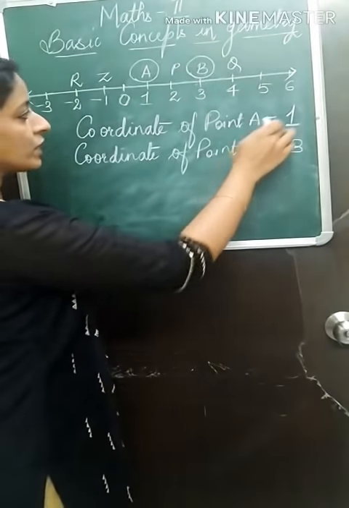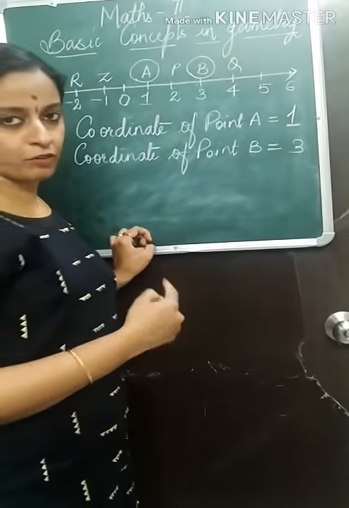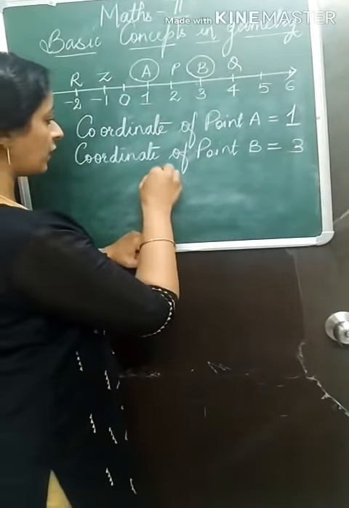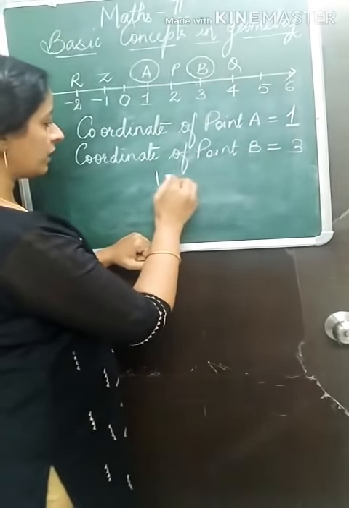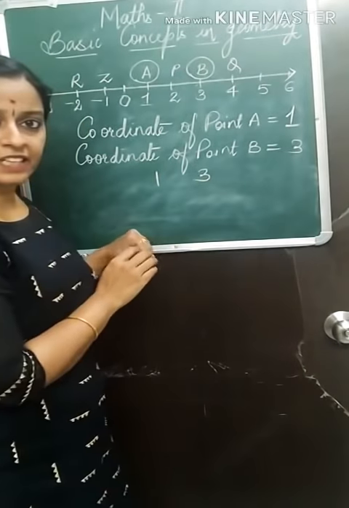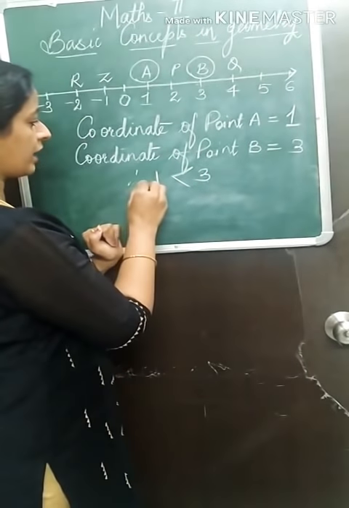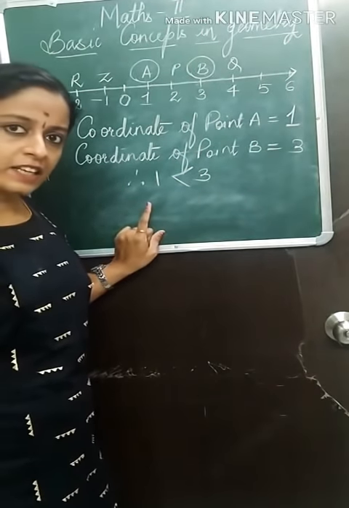Next step, which coordinate is greater? That you have to find. Compare 1 and 3. Which one is greater? Obviously 3. So put the greater sign. Therefore, 3 is greater than 1.